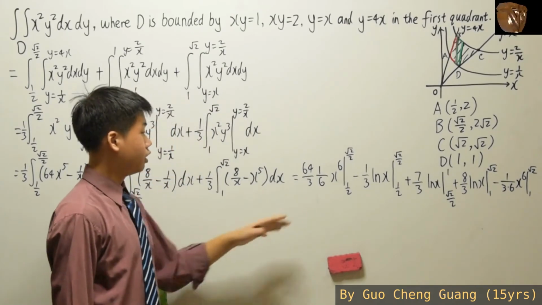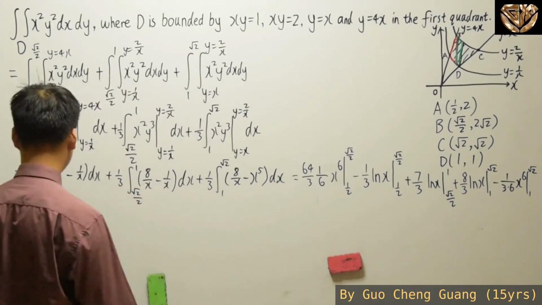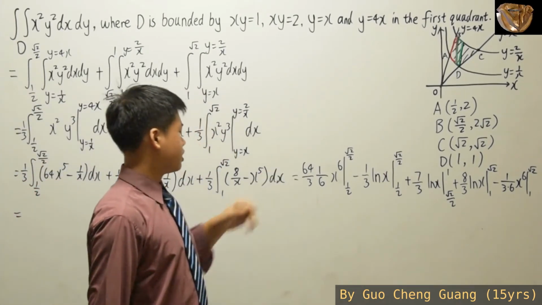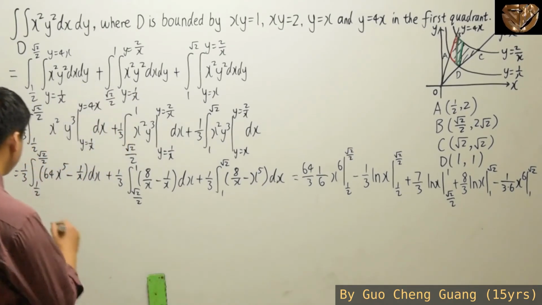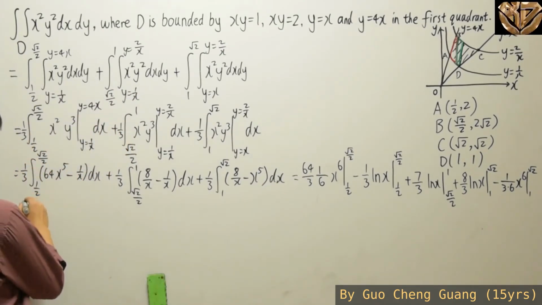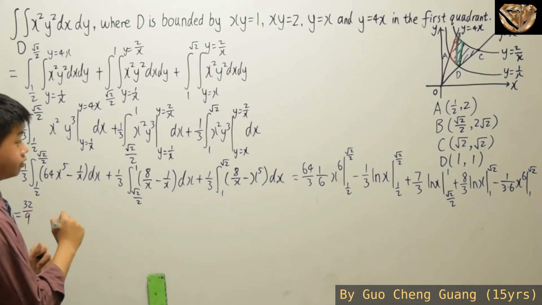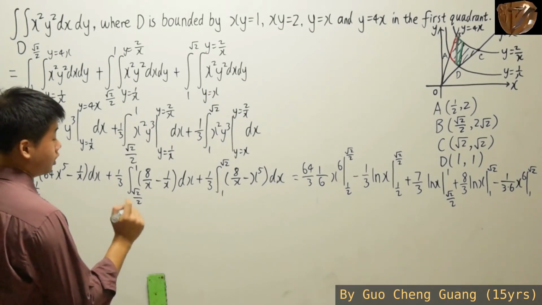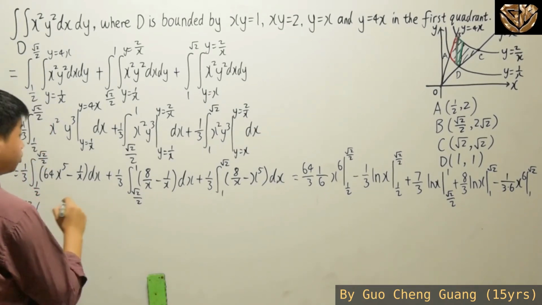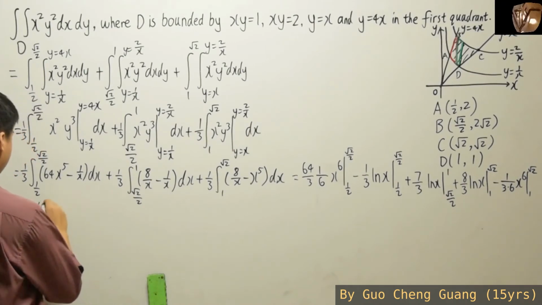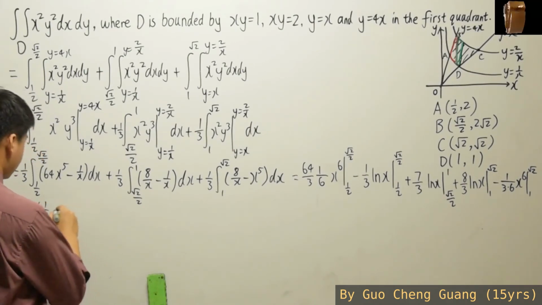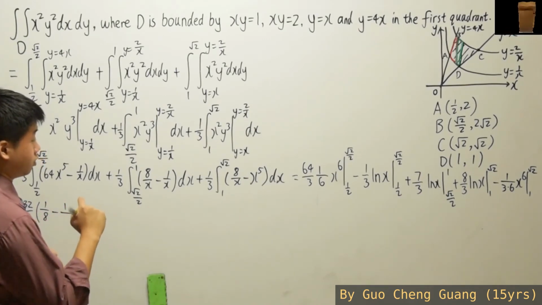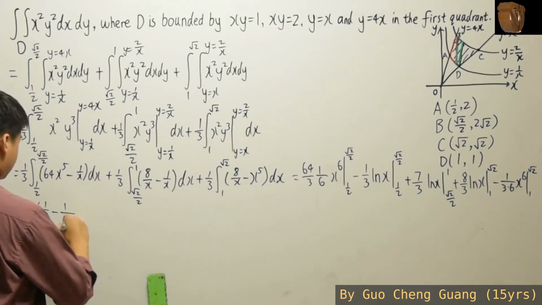So these will be the different terms you're going to have to solve. Now take a look at it first. Of course, we could simplify this a little bit, which will give you 32 over 9 times 1 over square root 2 to the power of 6, which is 1 over 8. Then you have to minus 1 over 2 to the power of 6, which is 64.